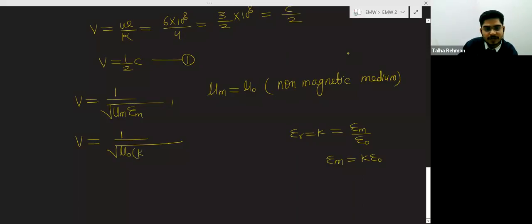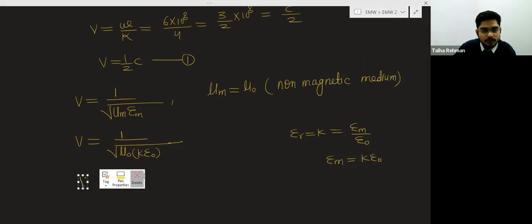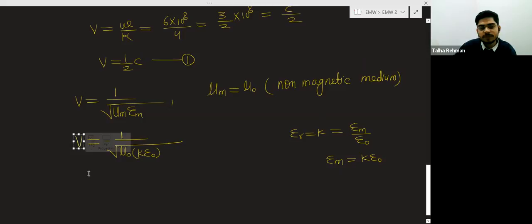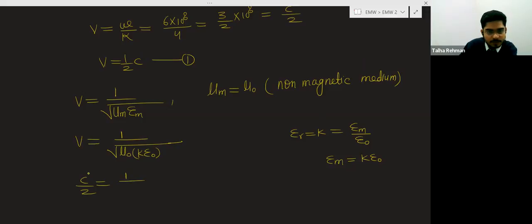So instead of v, what is the speed of the wave? c by 2, and this can be written as 1 upon square root of k times mu naught epsilon naught.